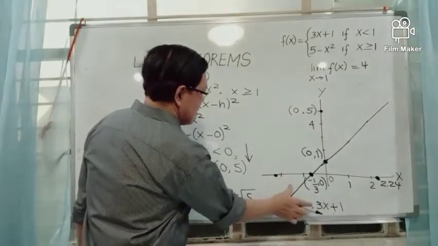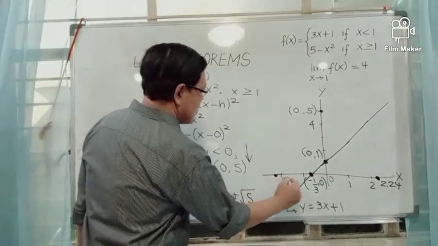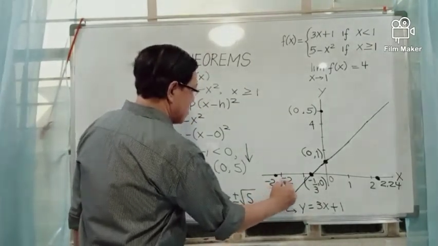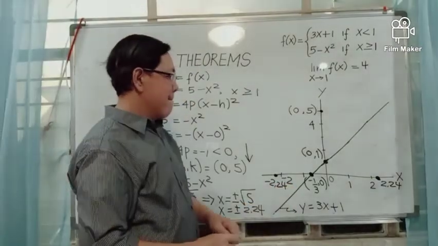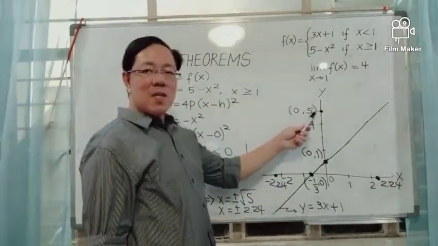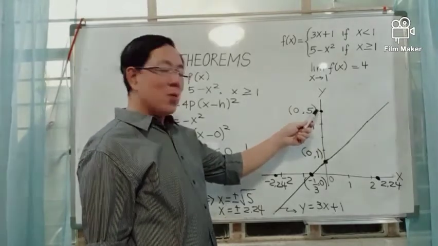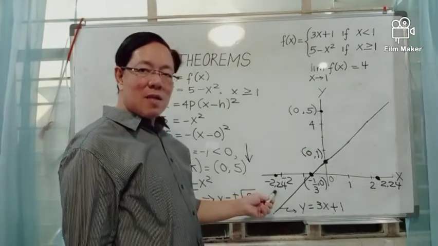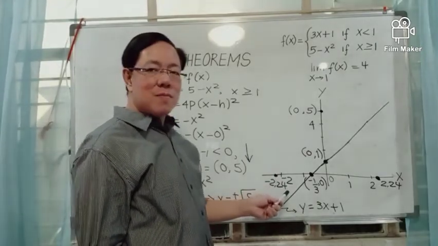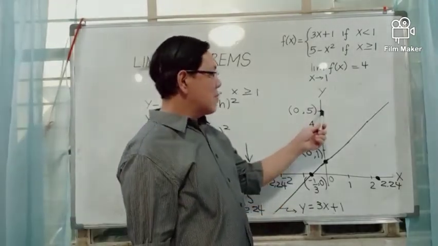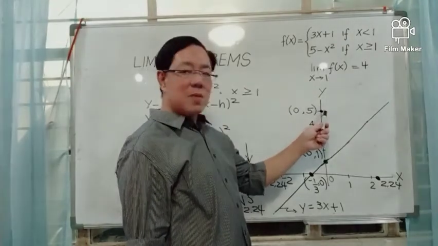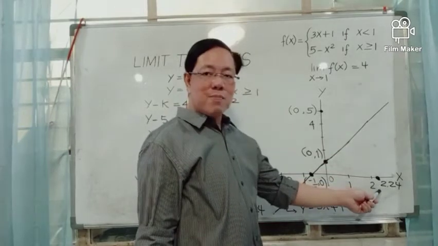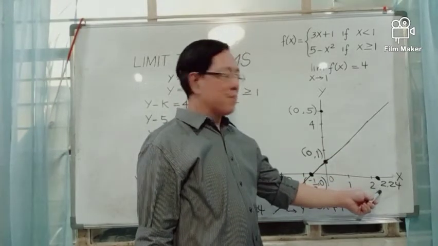This point is negative 2, and this is our negative 2.24. From this vertex, the parabola will go downward, and it will pass through this point on the x-axis, negative 2.24. Notice that if the parabola goes down from this vertex, it will intersect this point 2.24 on the positive side of the x-axis.